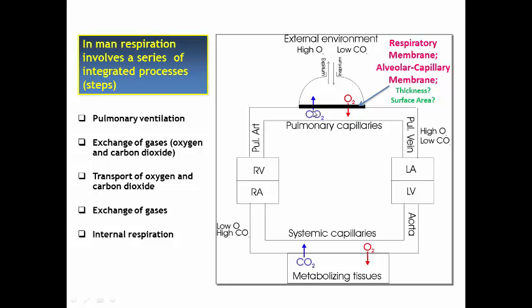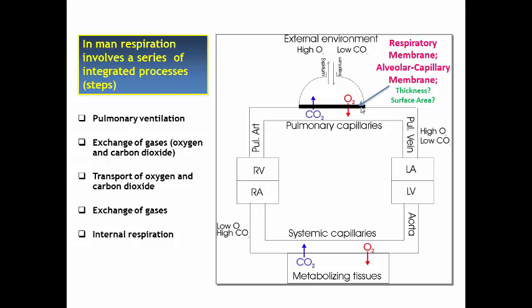This takes place by diffusion across what we call the respiratory membrane or the alveolo-capillary membrane or the alveolar membrane. This membrane is composed of the wall of the alveoli and the wall of the pulmonary capillaries, because the pulmonary capillaries surround the alveoli. This membrane is composed of several layers, as we will see in the next slide.